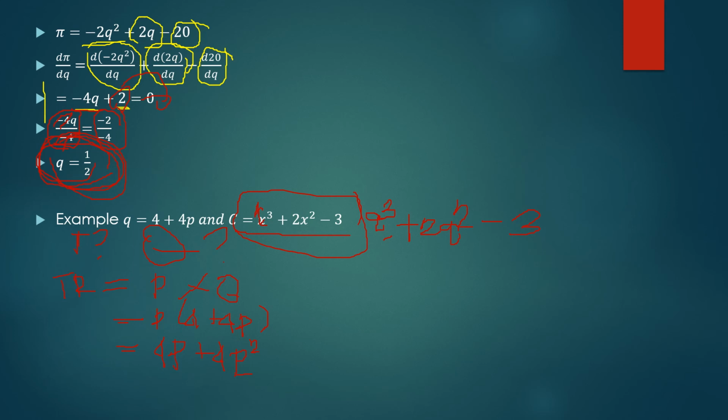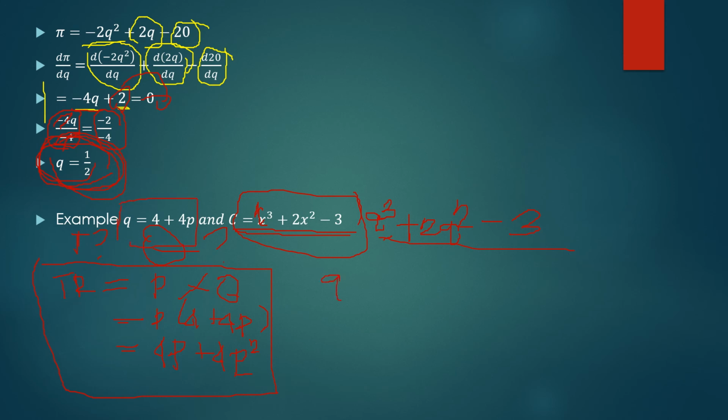So, rather than doing this, we can use, what do you call this one, an inverse function. Okay? Since price times quantity, and you see that your cost is in terms of quantity, why not change the function, the first function, to become a P function?